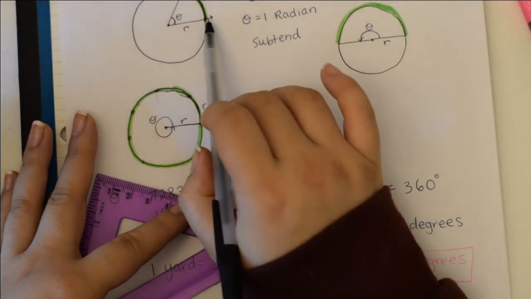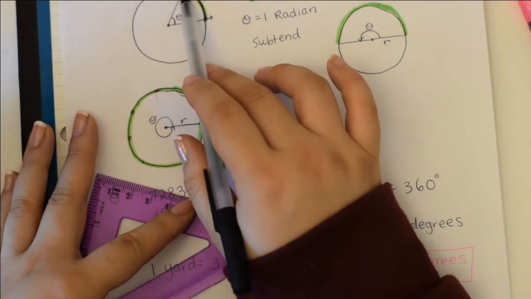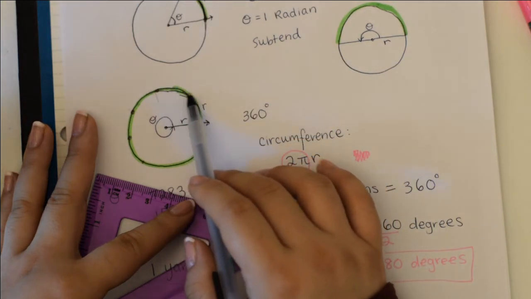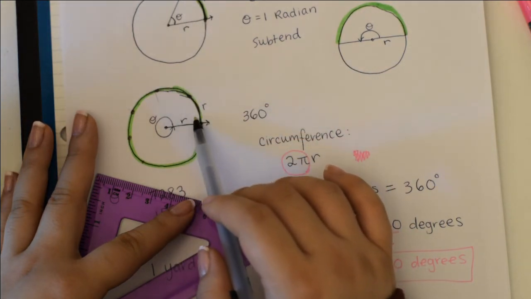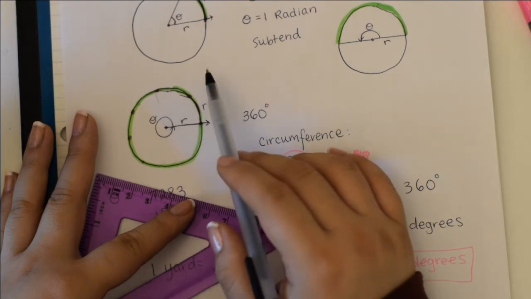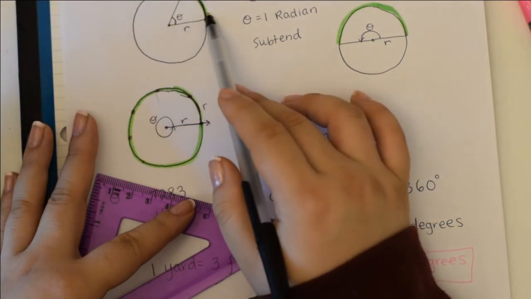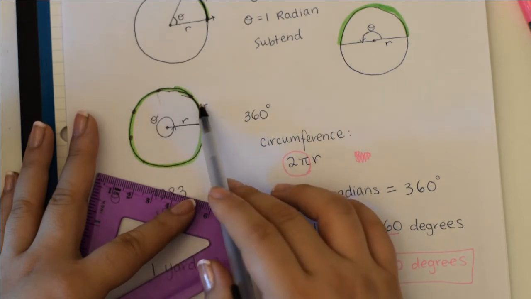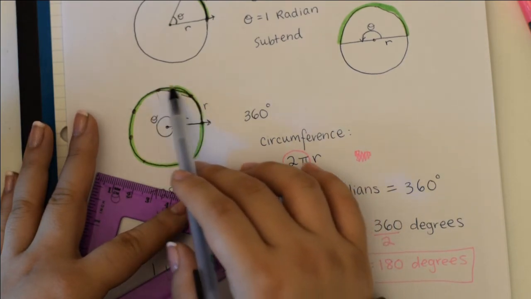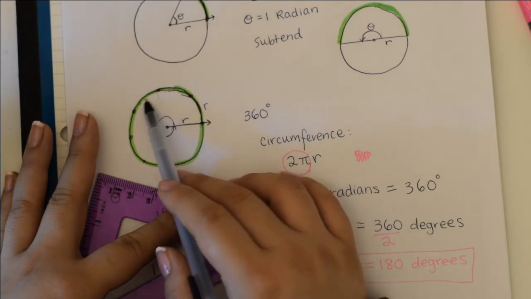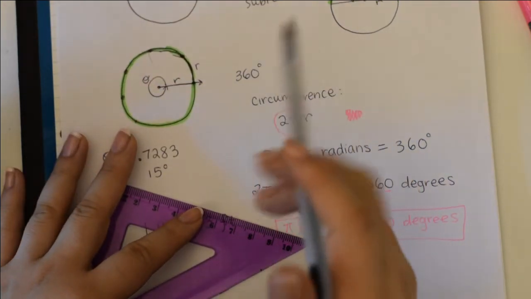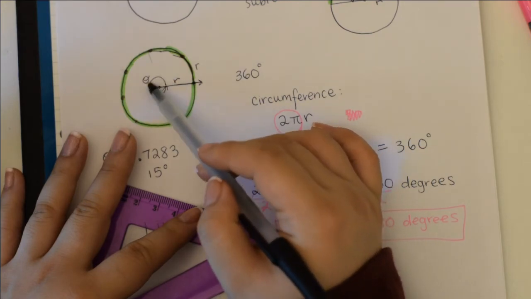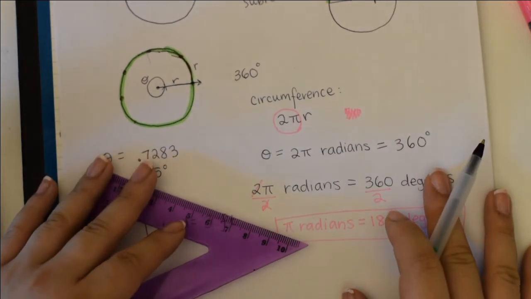The idea that we're going an arc length of R, which creates this angle of 1 radian. And then we're just finding how many radii we are tracing. And that equals the number of radians for my angle.